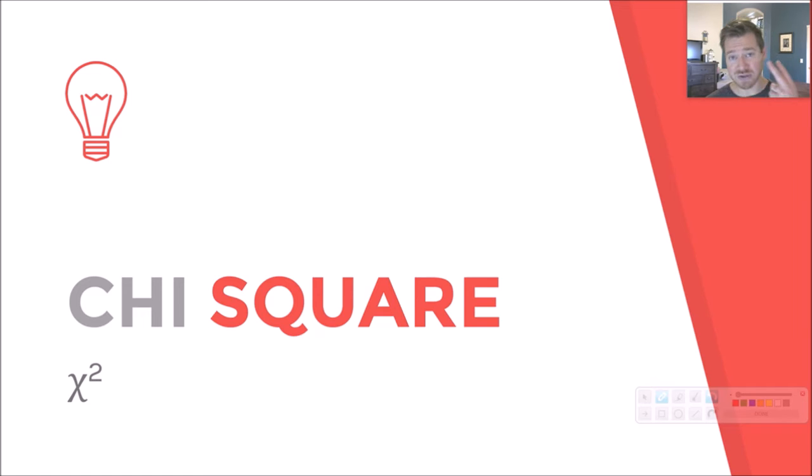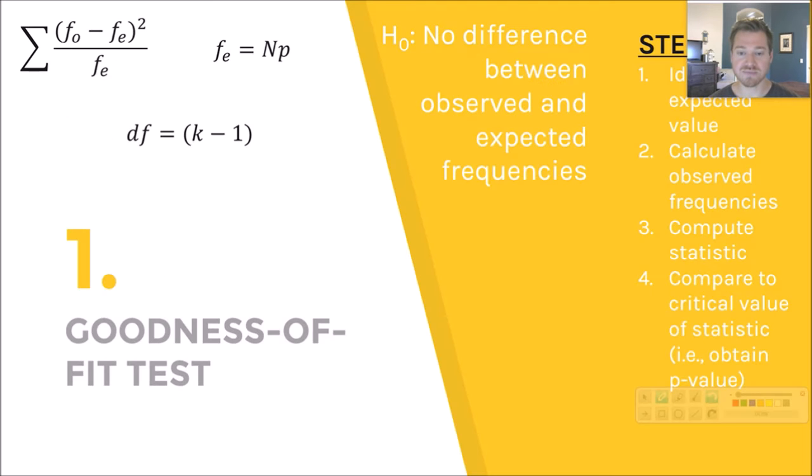We're going to talk about two major branches of the chi-square test in this class, the goodness of fit test and the test of independence. Also, contingency tables are often used to refer to these types of tests. All right, so the first one is the goodness of fit test. And I want to start off by breaking it down into its pieces. How is it that we go about doing a goodness of fit test?